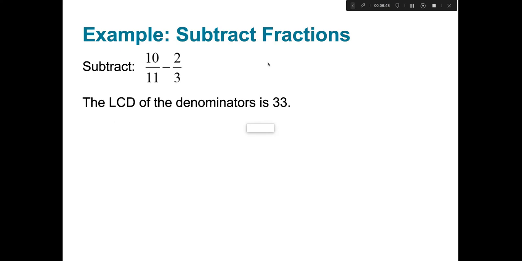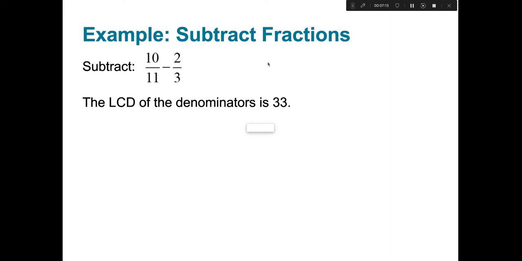Here we go. Now we do the same thing when we subtract. We have to have that common denominator. Make our fractions equivalent, only instead of addition, it's subtraction. It already tells you what your lowest common denominator is: 33.